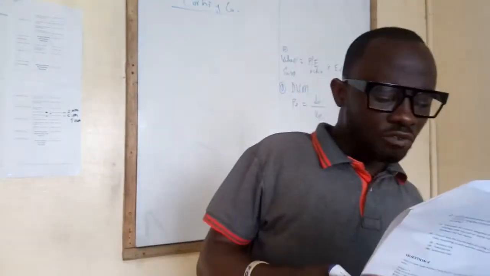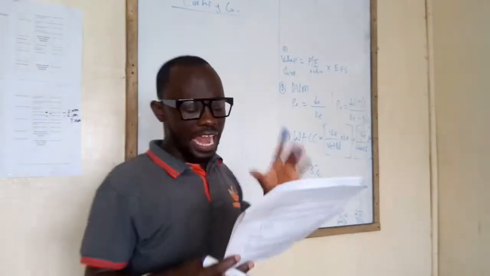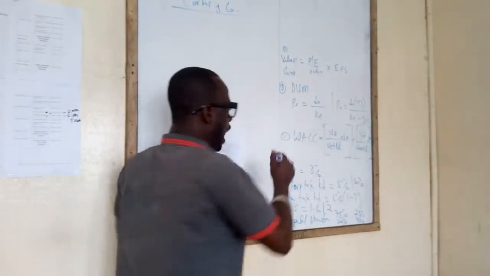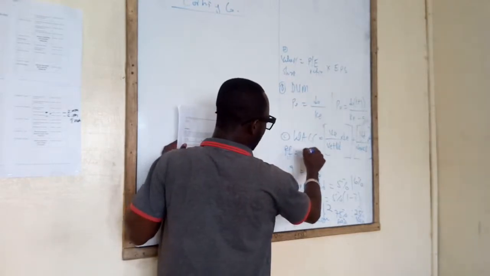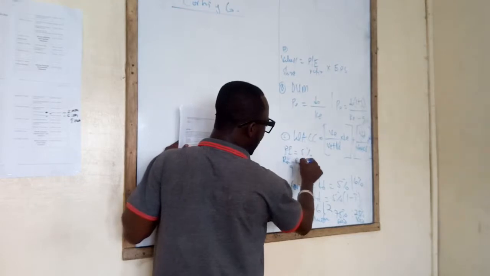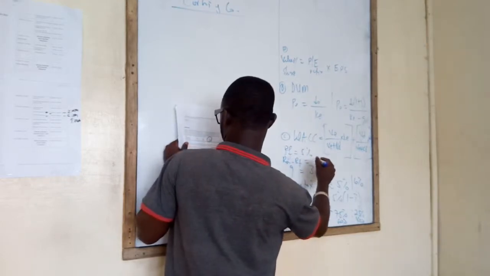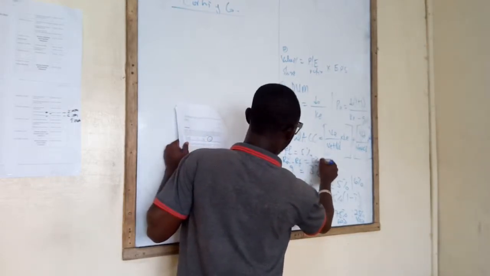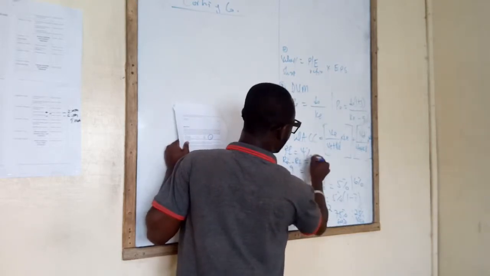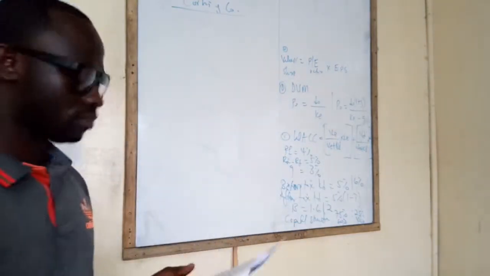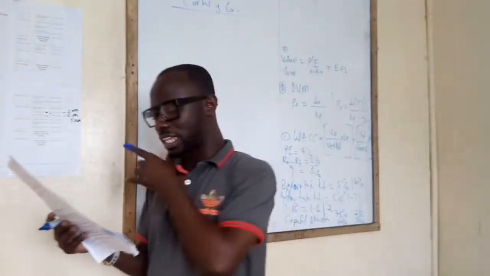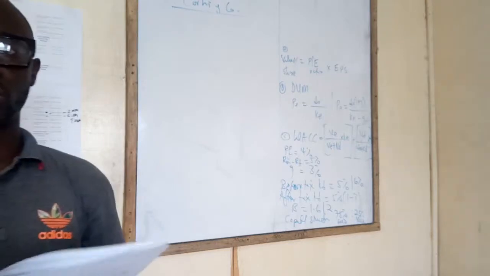The risk-free rate of return is 4% per annum, and the equity risk premium is 5%. So RF is 4%, and then risk premium is RM minus RF. You remember that? That will also be 5%.